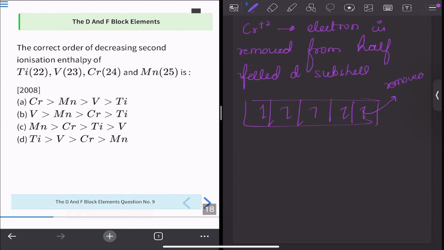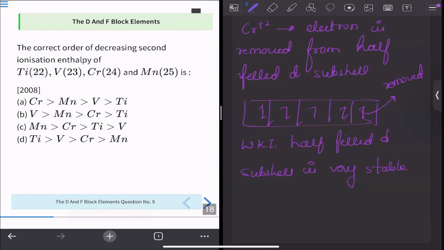We know that a half-filled d subshell is very stable.